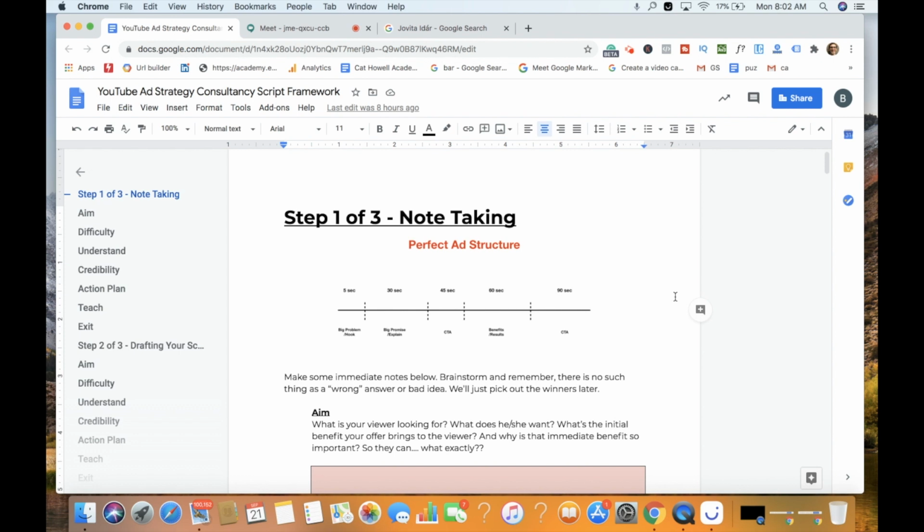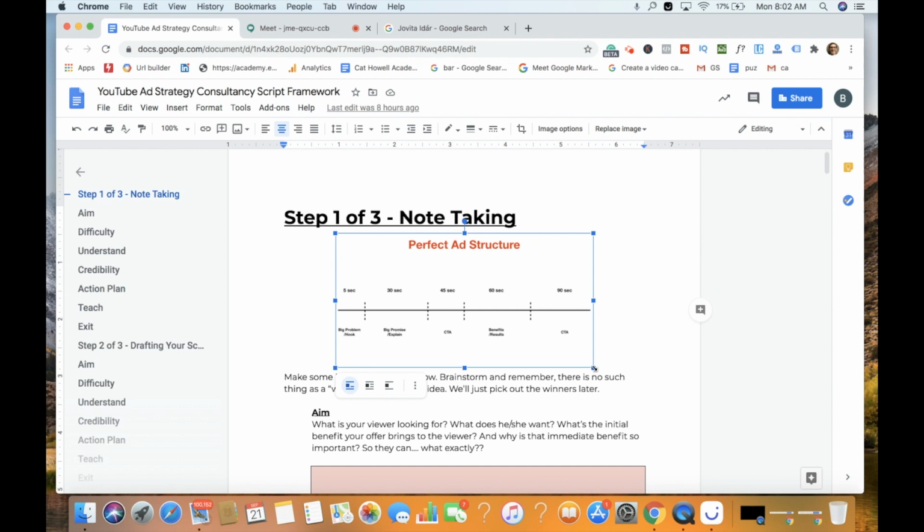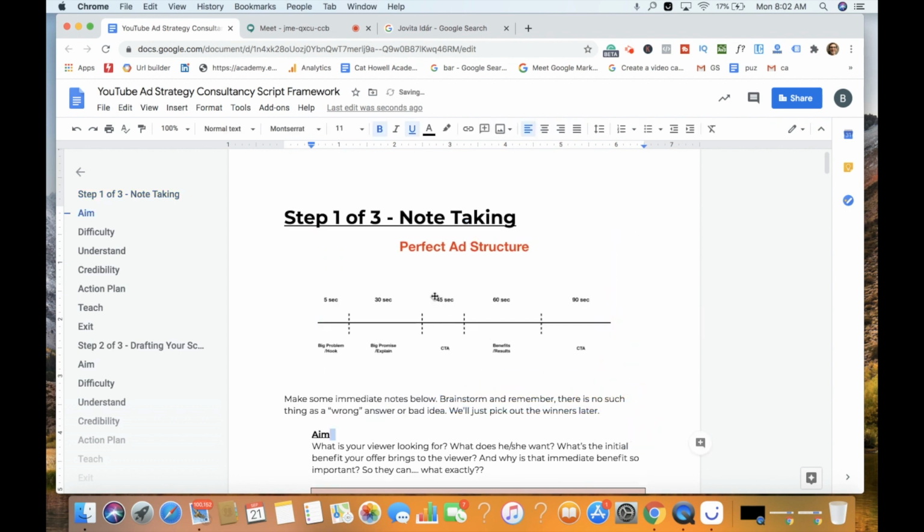Any good YouTube video ad normally starts in the first 5 seconds by saying, "Here's the big problem," or "Here's the hook," that you're trying to solve for the potential viewer.